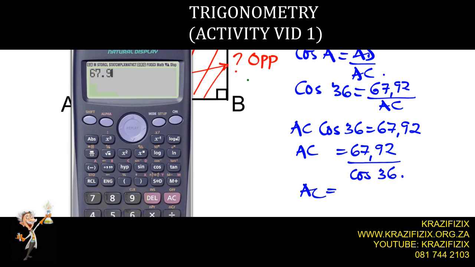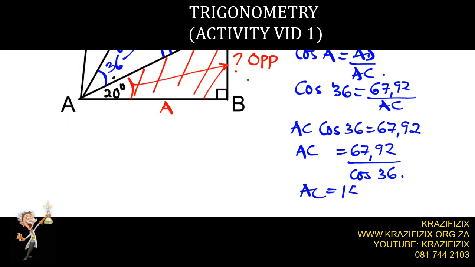Alright, so what is AC? 67.92 divided by cos 36. Okay, we have a very long side there, 149.6.